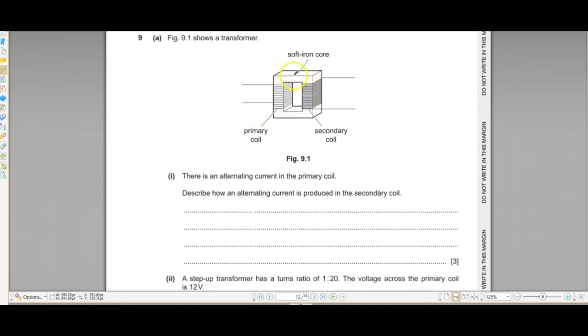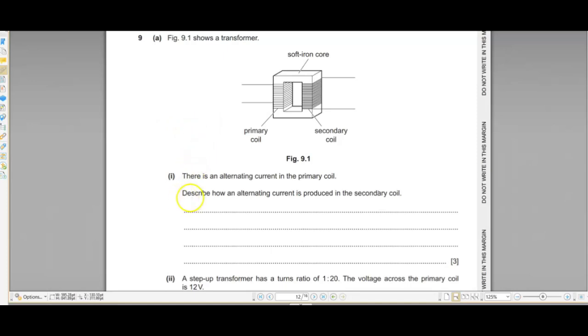And this soft iron core transfers this magnetic field to the secondary side. Over there, the secondary side basically becomes a conductor in a magnetic field, and when it becomes a conductor in the magnetic field, a current is induced in the coil. So this is how the alternating current in the primary coil is transferred to the secondary coil.